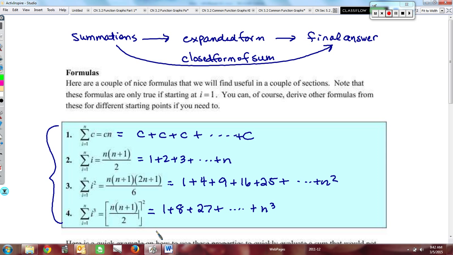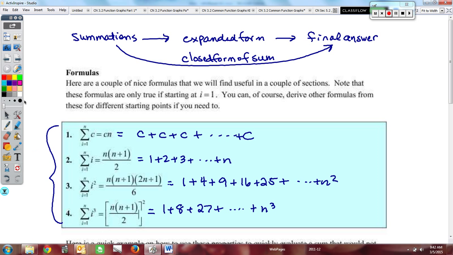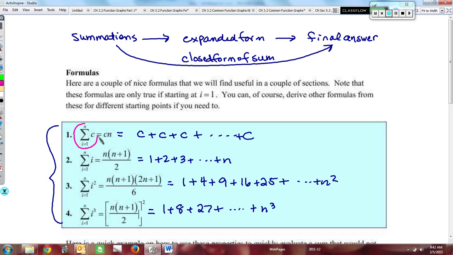Now, what this actually does for us, another way of looking at this, even if I'm not calculating an actual sum final answer value, is that whenever I see a sigma in a problem, that makes the problem complicated. So what I can do is take it out and replace it with a formula that no longer has the sigma notation in it. And that's what we're going to be using it for in the applications in Chapter 5.